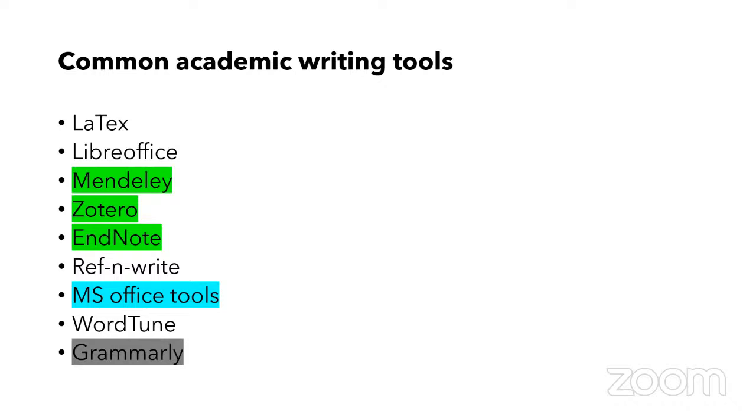But if what you care about is to use a different writing template, a different writing platform, apart from Microsoft Office, then you could use LaTeX, you could use LibreOffice, you could use WordTune. So these are a few things I would comment on this.